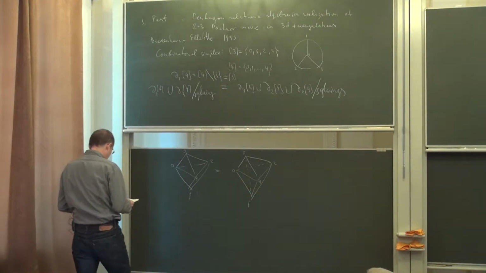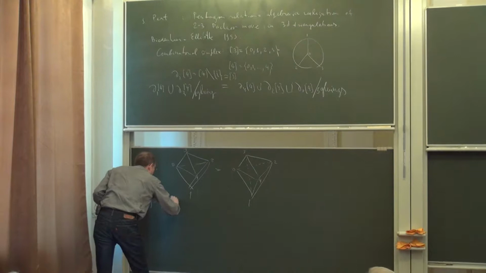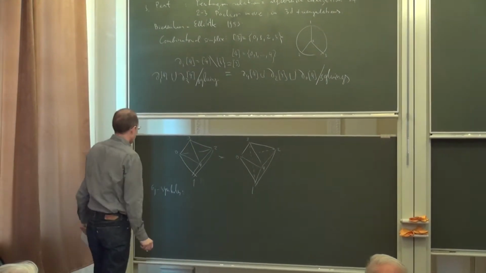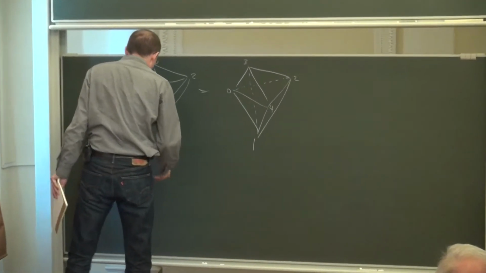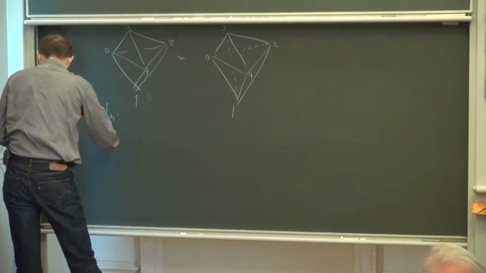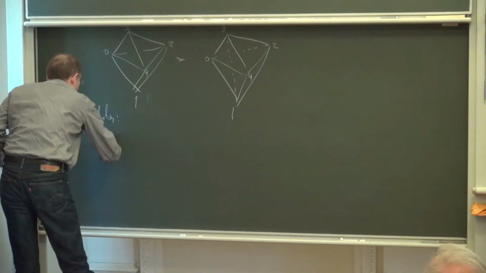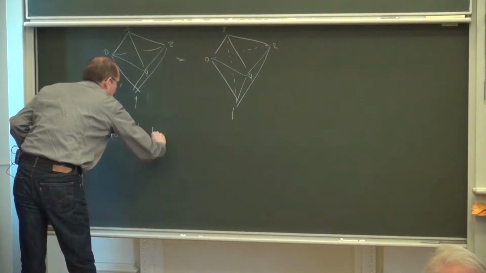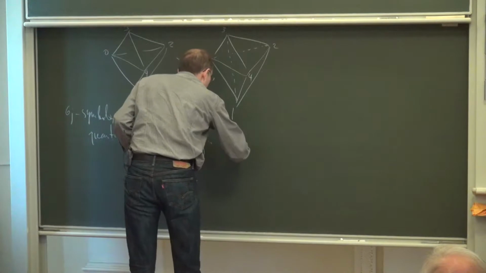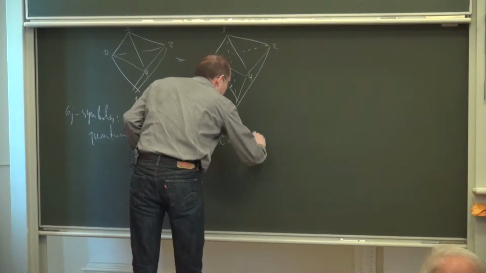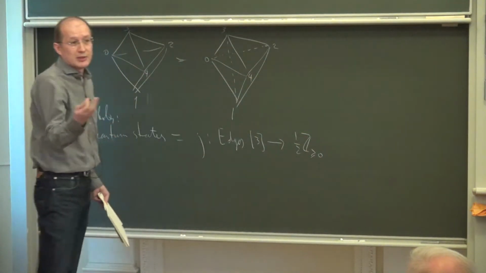And now turning to 6j symbols, how they appear. We introduce quantum states, which are given just by a map of the edges of the 3-simplex to non-negative half-integers, so the spins.